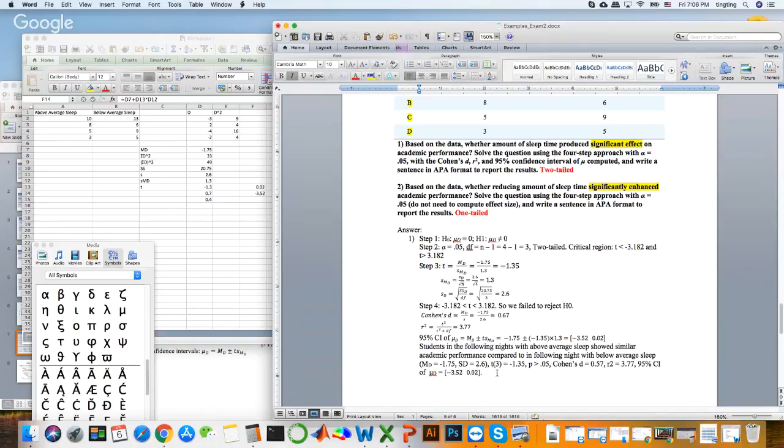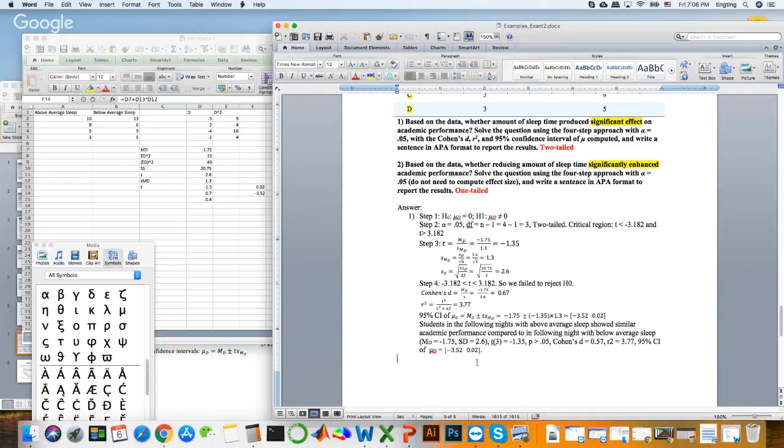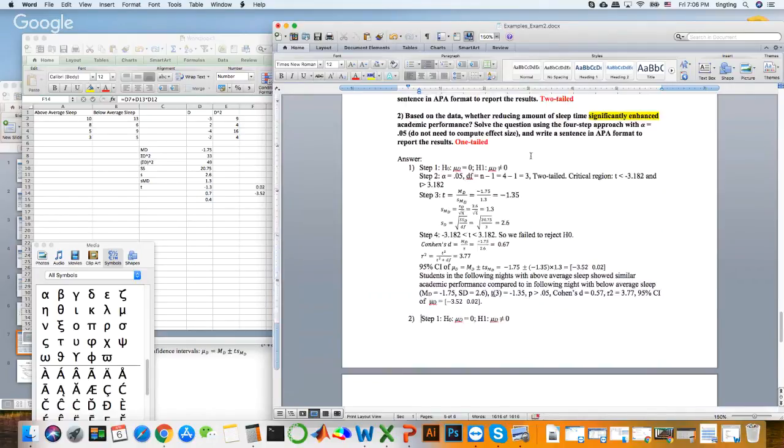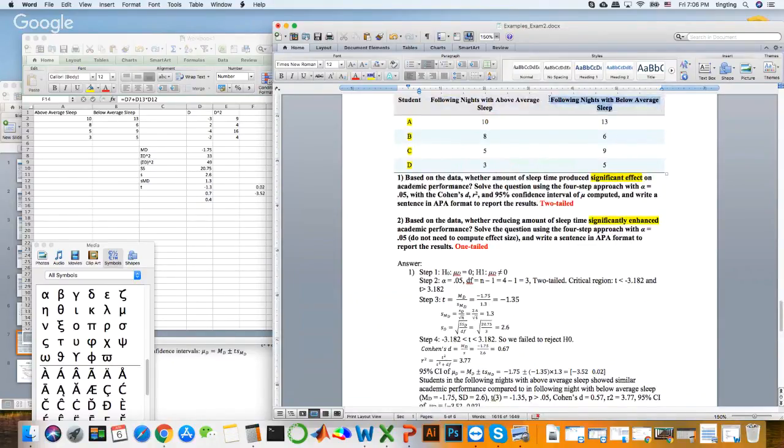Okay, we solved question 1. So let's start the last question. Question 2, the one-tailed test. Similar, just with several differences. Our question is whether the reduced amount of sleep time, which is condition 2, with the sleep time below the average, reports significant enhancement of score.